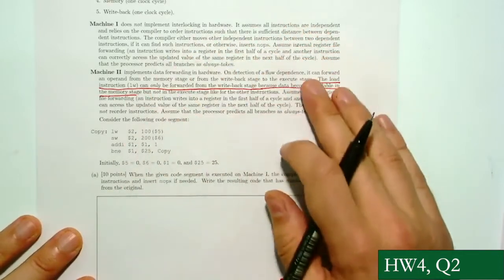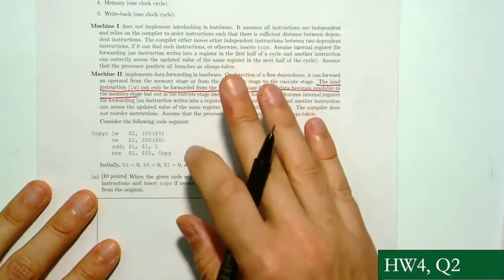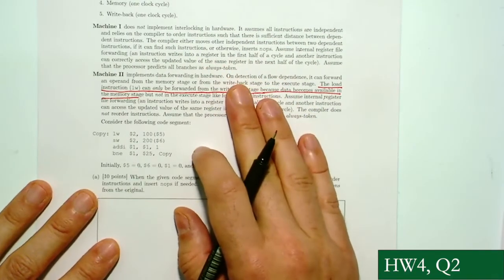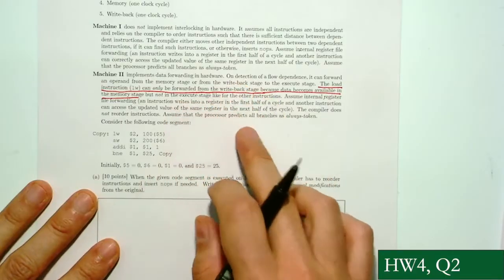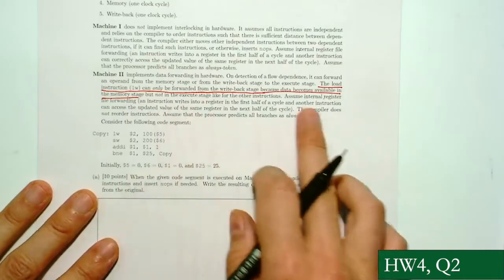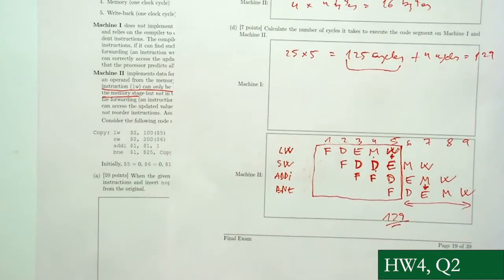So here it doesn't mention anything about how this is implemented, right? So you have to take the information that you have in the question. So what the question says is exactly what we did here, right? How it is implemented in hardware is another question.